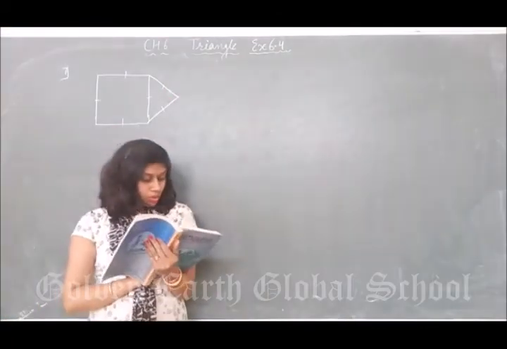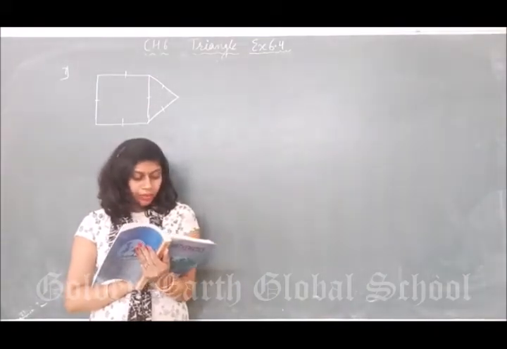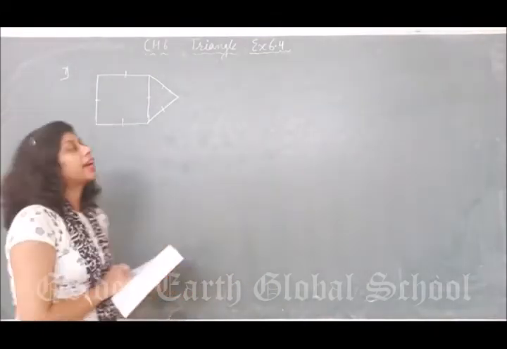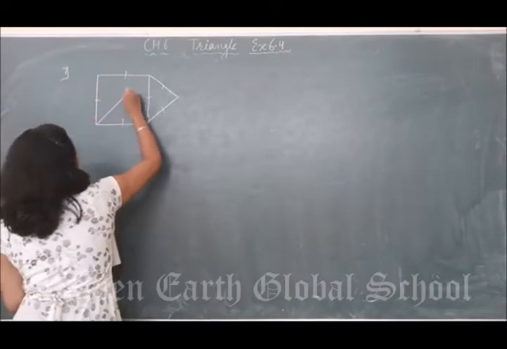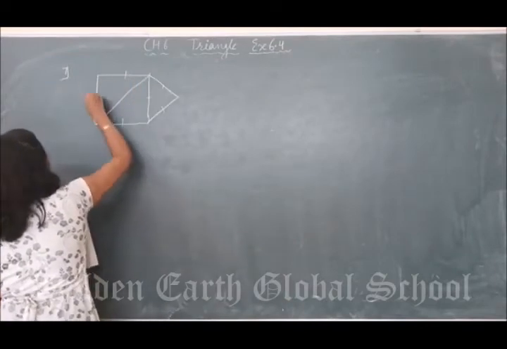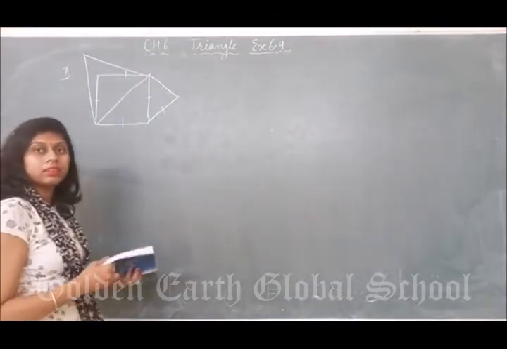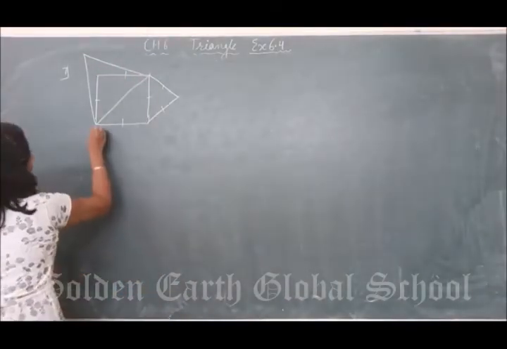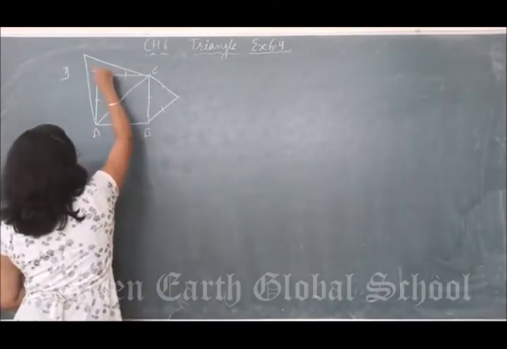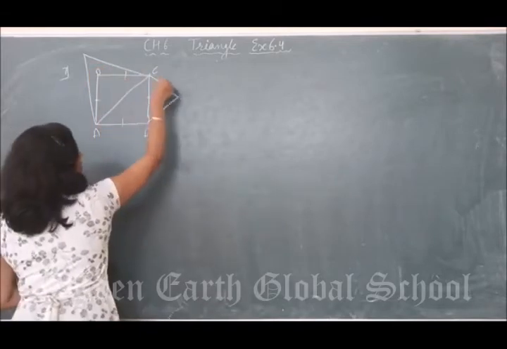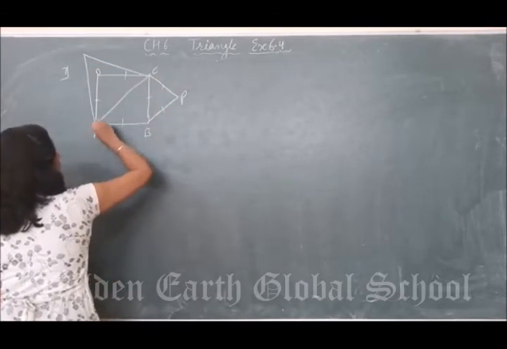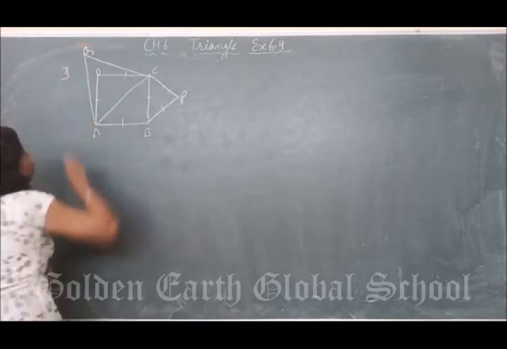Draw a diagonal and an equilateral triangle on this diagonal. Clear? So ABCD is a square. BCP is an equilateral triangle. ACQ is another equilateral triangle.